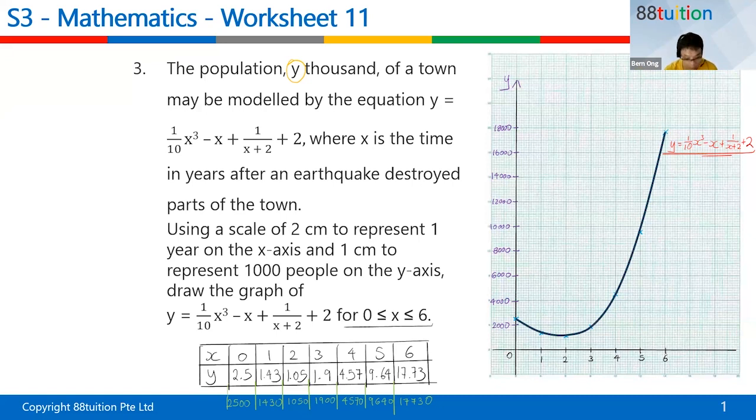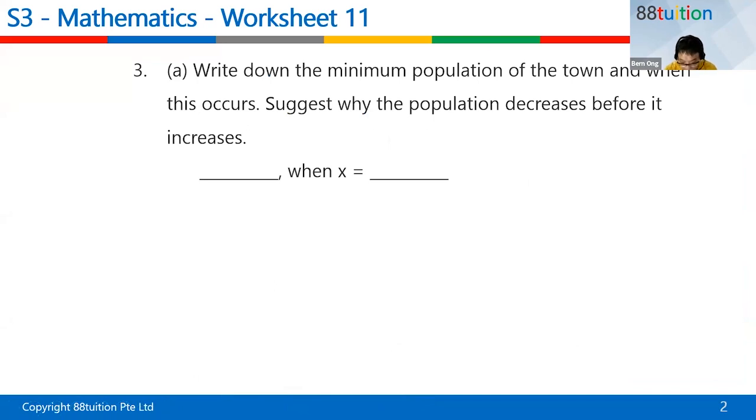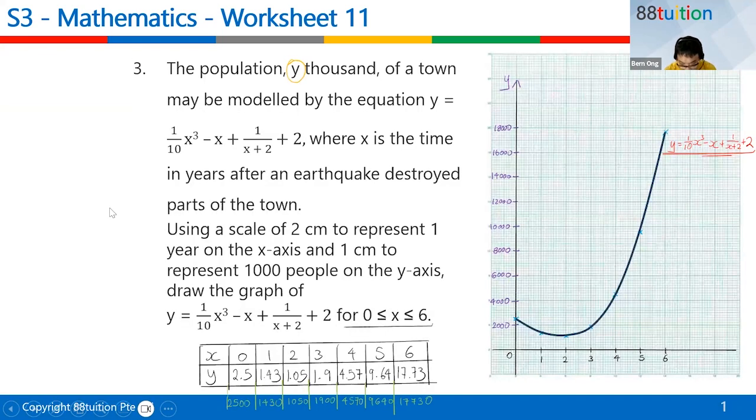Okay, here comes the question. Are you ready? Write down the minimum population of the town and when this occurs. Suggest why the population decreases before it increases. So the minimum is what?